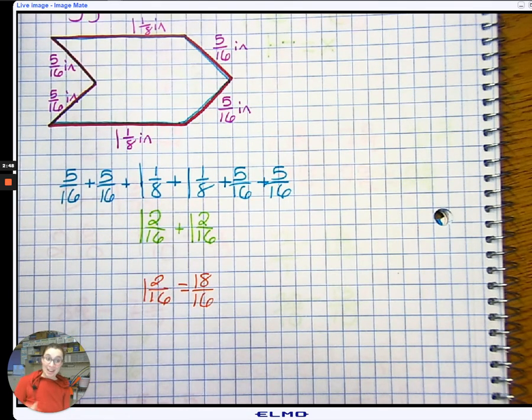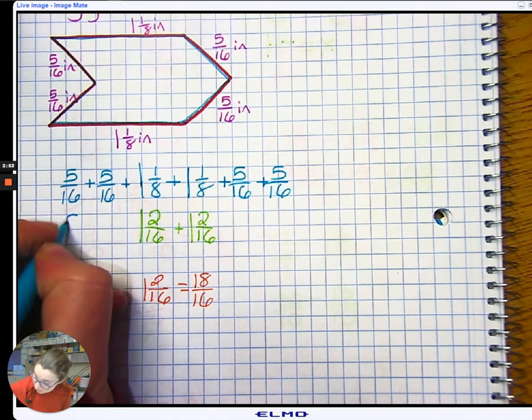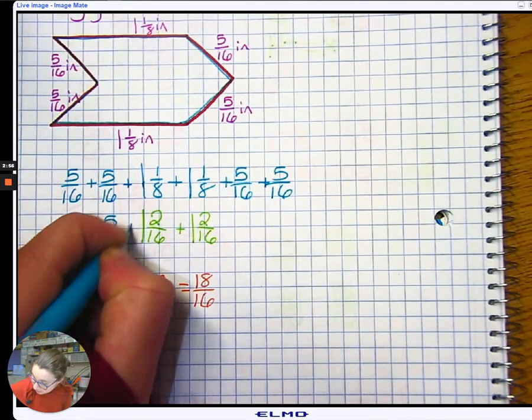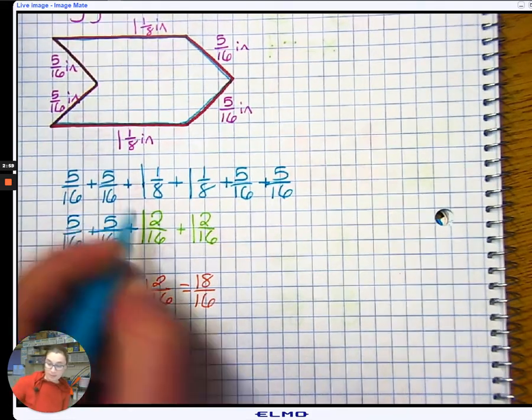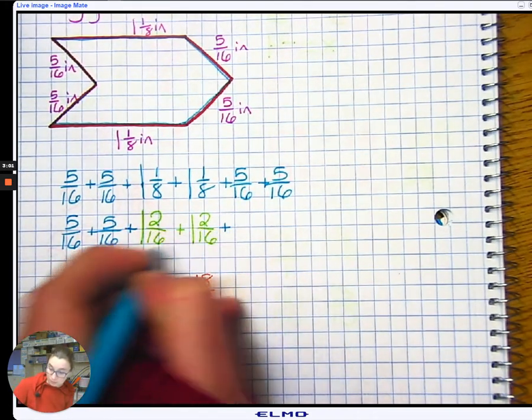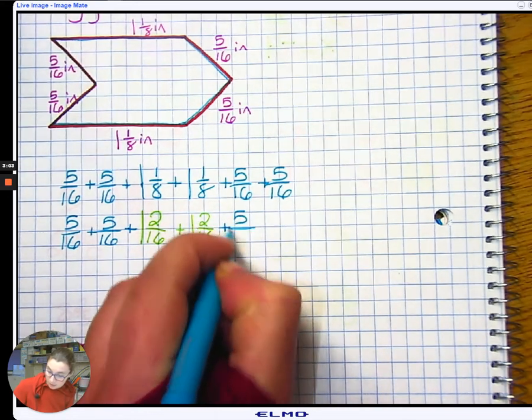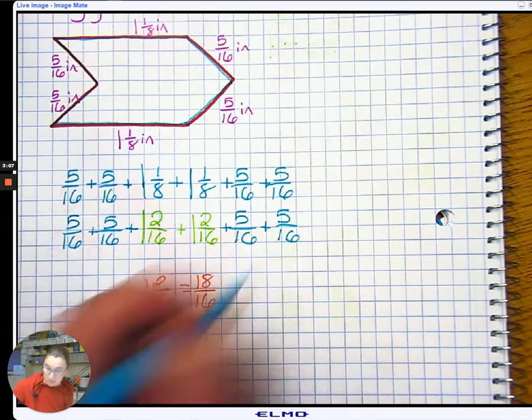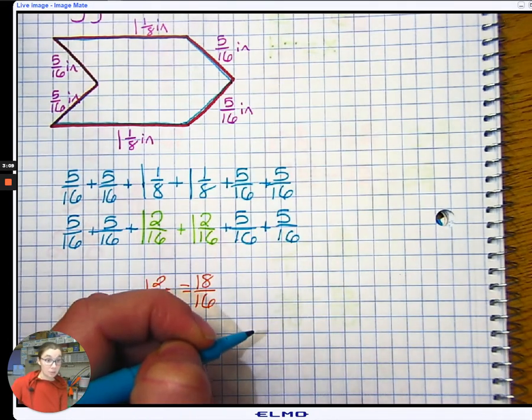And I think that's actually what I'm going to do here. So let's bring these 5/16 down. 5/16 plus 5/16. Because these fractions are going to be fairly simple, I think, to add separately from the mixed numbers. If you prefer to do mixed numbers, that's totally fine. You can definitely do mixed numbers too.